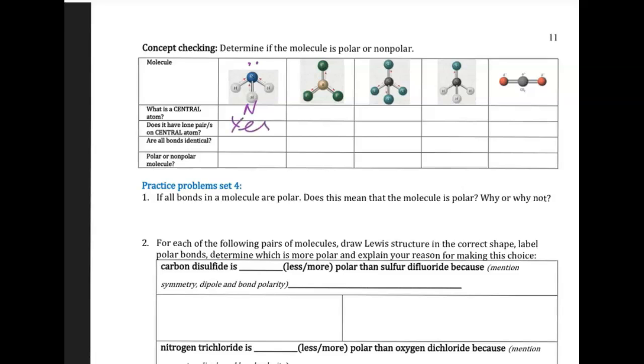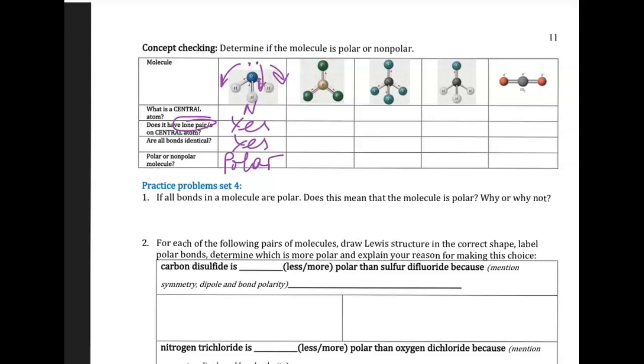Are all bonds identical? You can see 3 bonds: nitrogen-hydrogen, nitrogen-hydrogen. So yes, all three are identical. Polar or non-polar molecule? It's going to be polar because it has a lone pair, and the lone pair pushes the bonds away from it. So the molecule as a whole is polar.